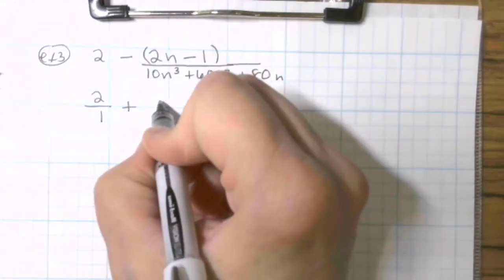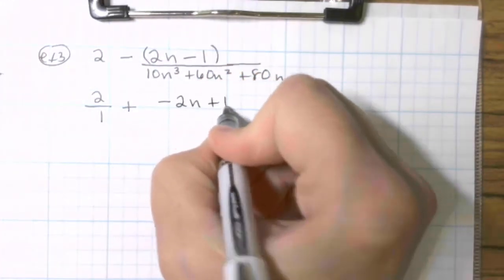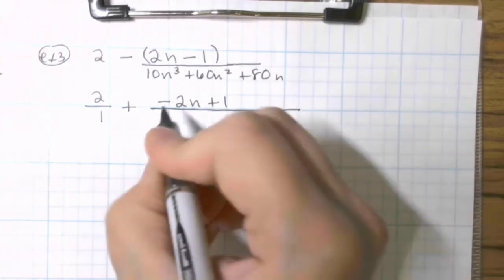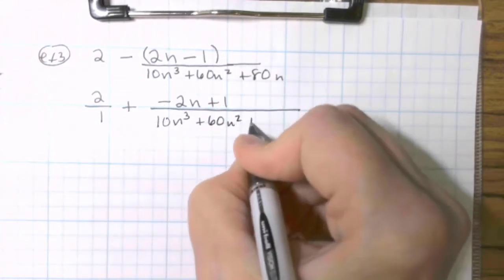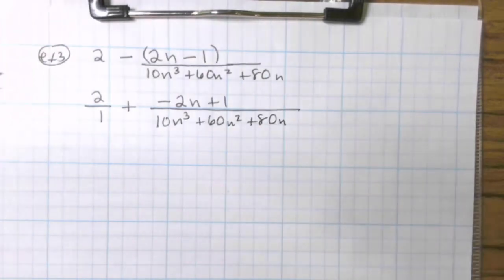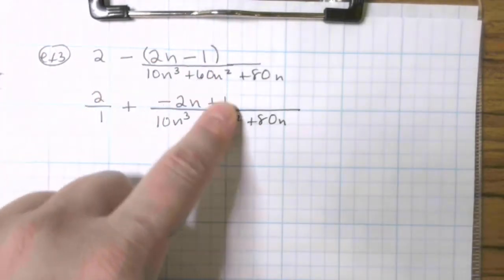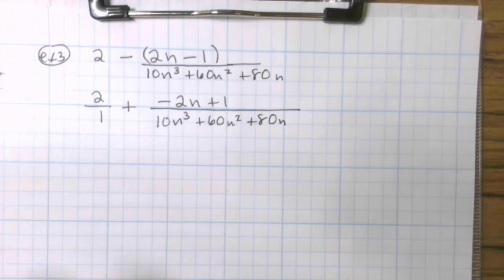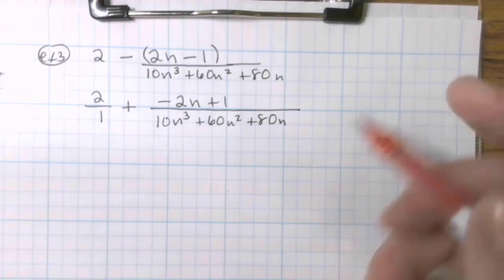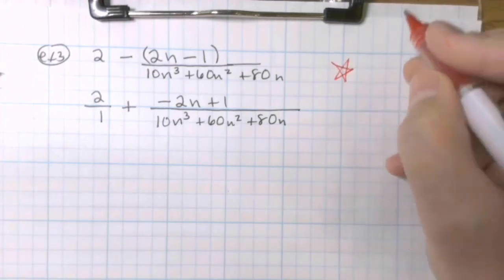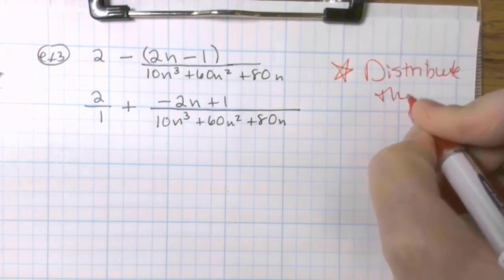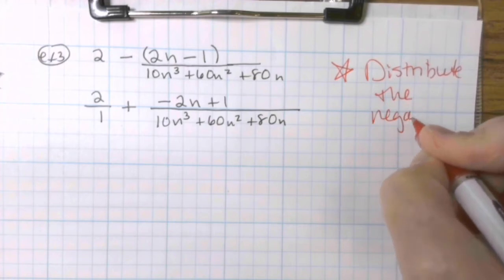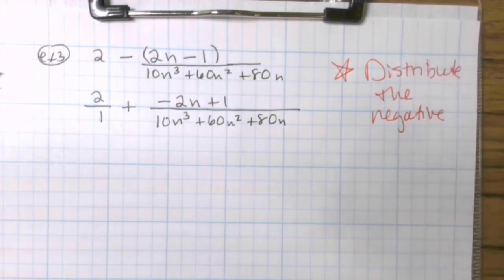So when I distribute, I get negative 2n plus 1 all over 10n cubed plus 60n squared plus 80n. So it actually got distributed, and now we just have a placeholder. I highly recommend you do that on the very first step, which is distribute the negative. Just get it out of there.